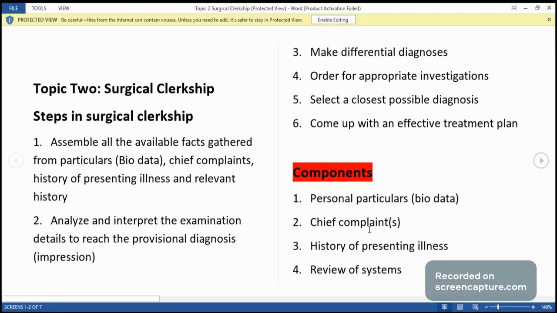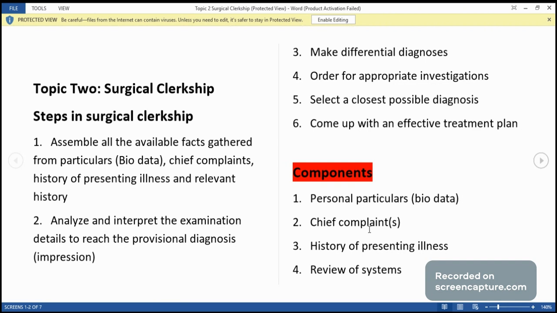You should also know that the chief complaint is always supposed to be placed in the language of the patient. It should be written down as it is communicated by the patient.